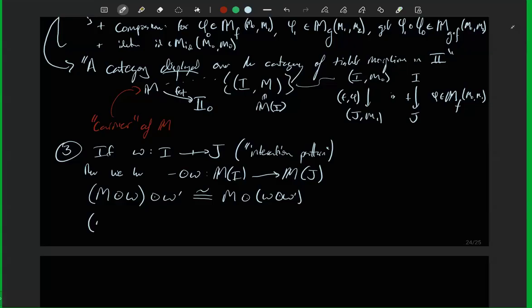And similarly, I want M dot the horizontal identity to be isomorphic to M. And these isomorphisms should preserve the boundary. So it's not just that, it's plus coherences, the same sorts of coherences we talked about when we talked about double categories in the first place. Okay.